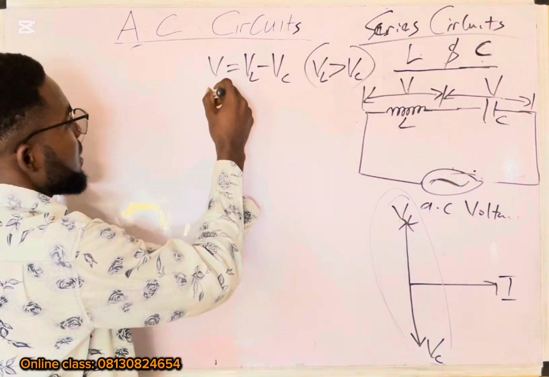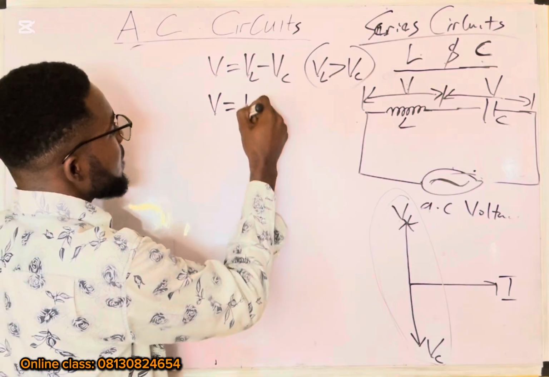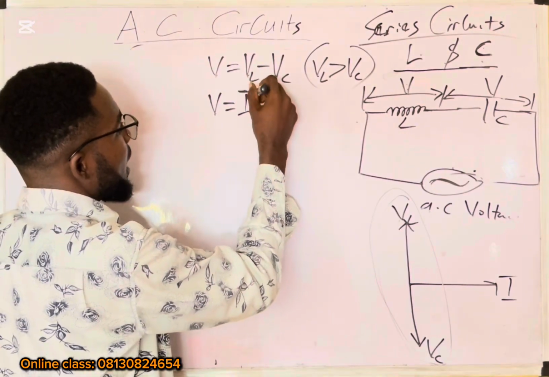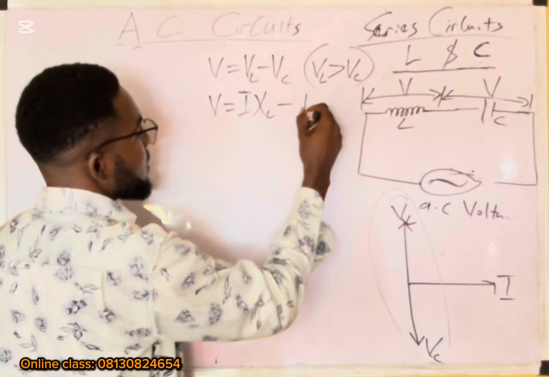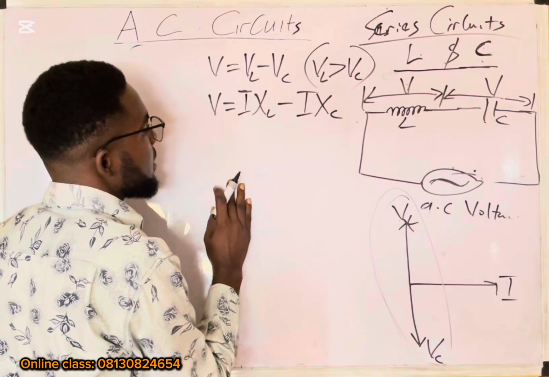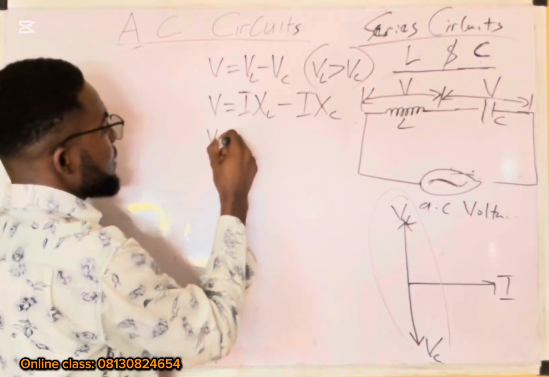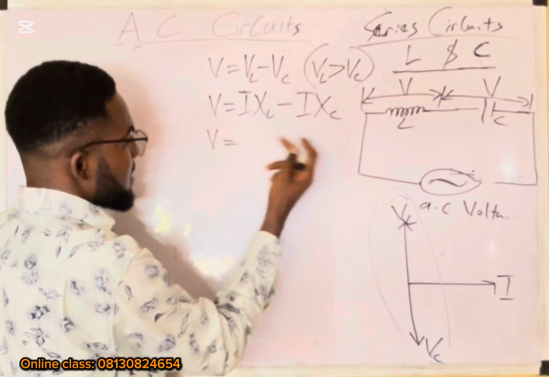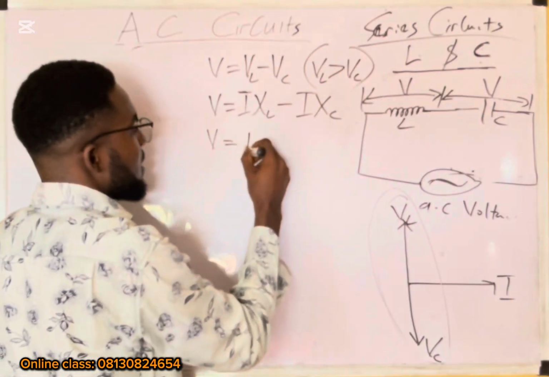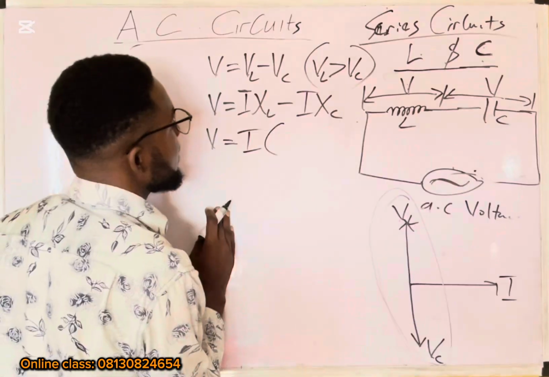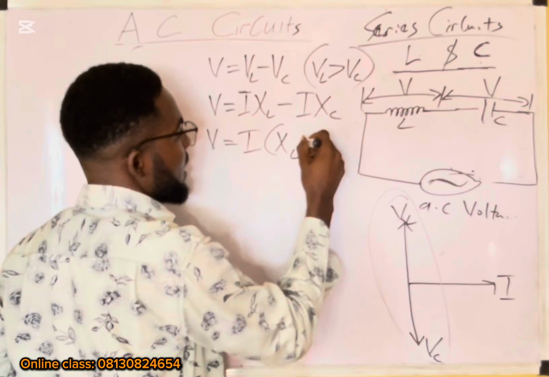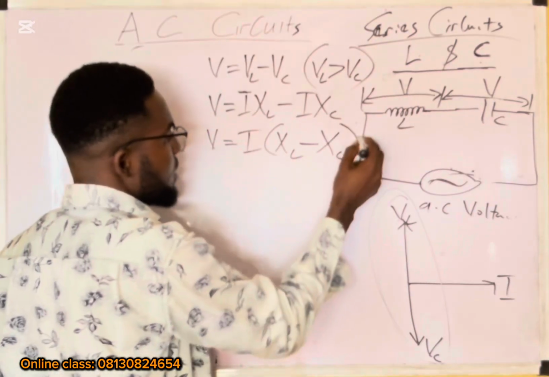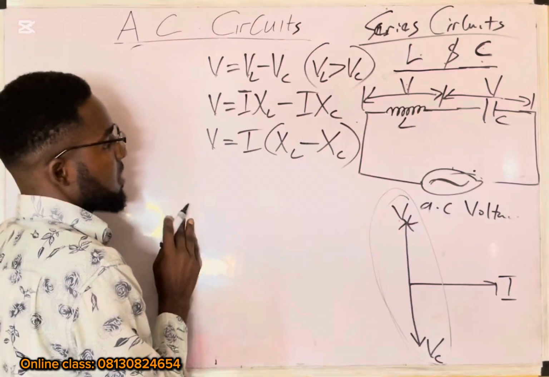Therefore V is equal to I times X subscript L minus I times X subscript C. I is the same across both of them, so we just factorize, and we have X subscript L minus X subscript C. This is the impedance in this case.